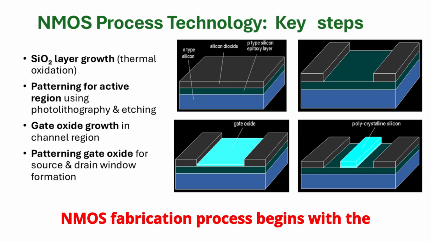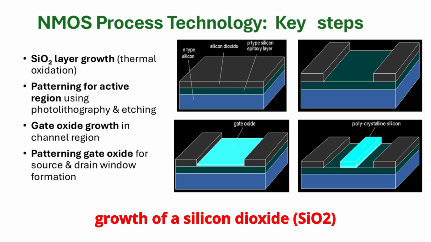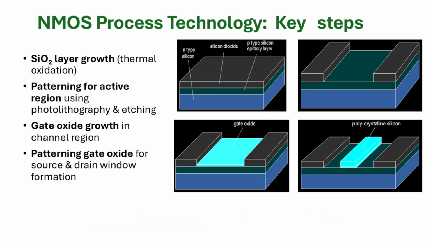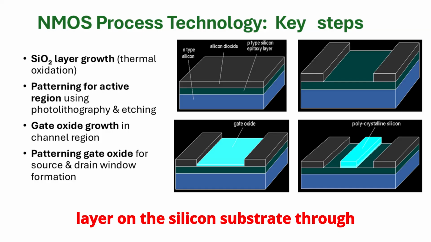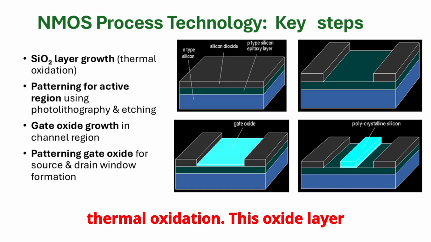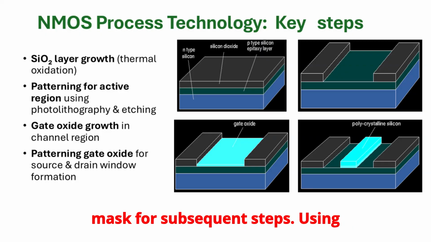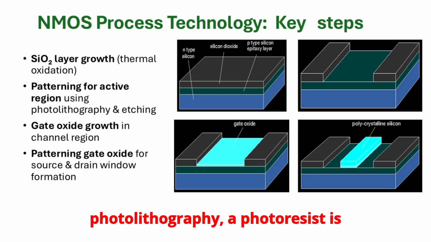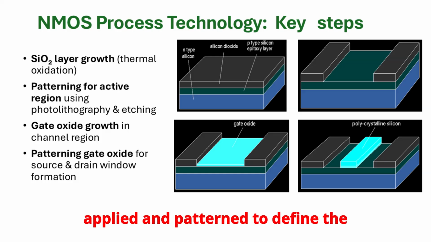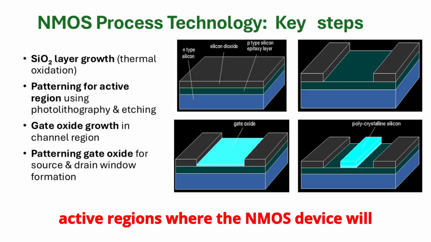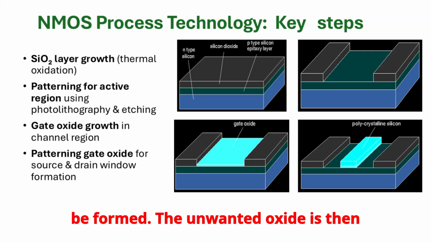The NMOS fabrication process begins with the growth of a silicon dioxide (SiO2) layer on the silicon substrate through thermal oxidation. This oxide layer serves as an insulating and protective mask for subsequent steps. Using photolithography, a photoresist is applied and patterned to define the active regions where the NMOS device will be formed.